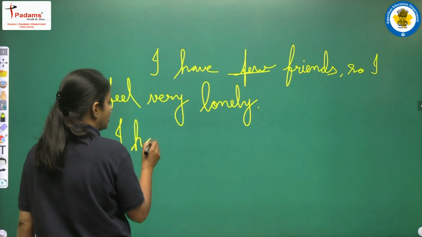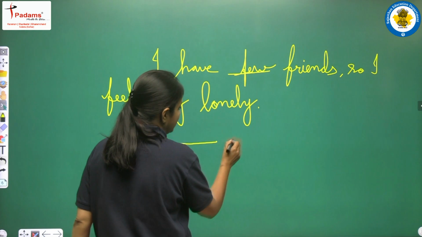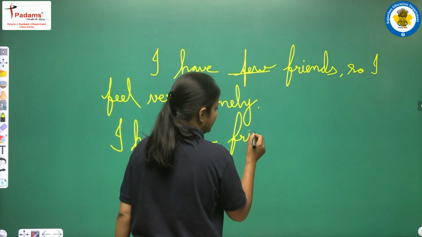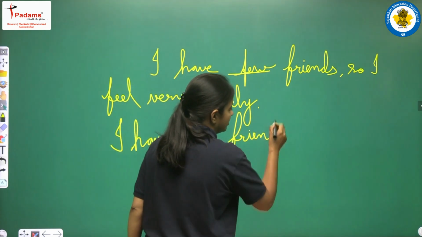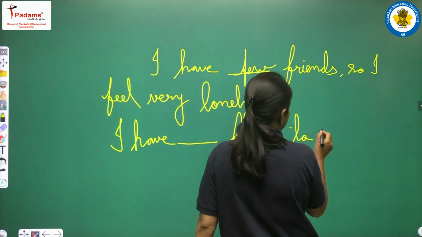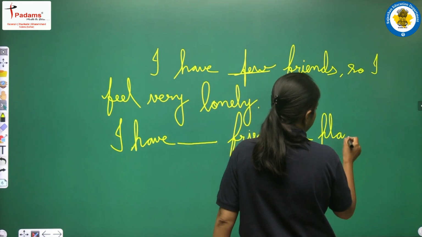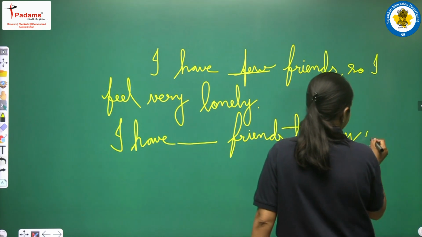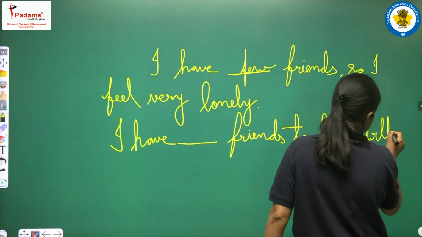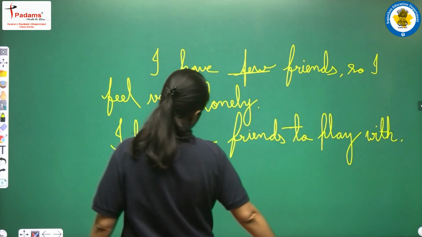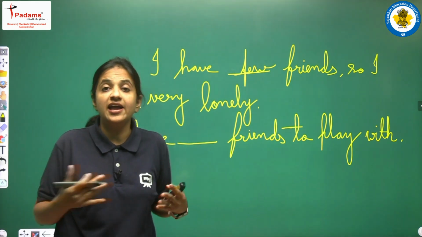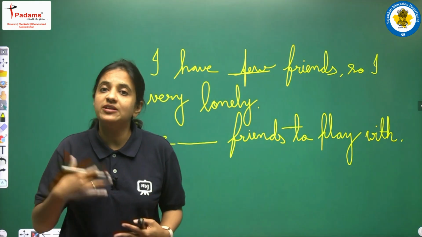Now we are having "I have", again blank. Let's take the same noun, that is friends, "to play with." So now in this sentence I am writing "I have friends to play with." It means that yes, I have some friends and I play with my friends.